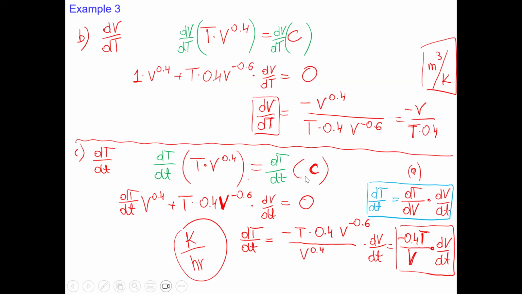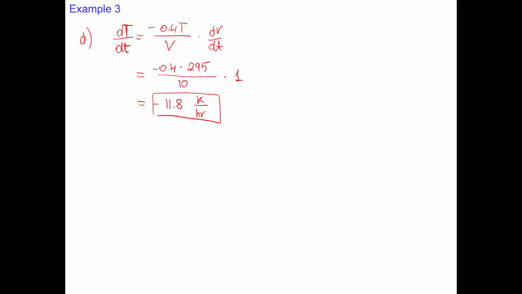Like the same as in part C, but we will solve for dV/dt. You will start with this. Shall we do it? I mean part E.